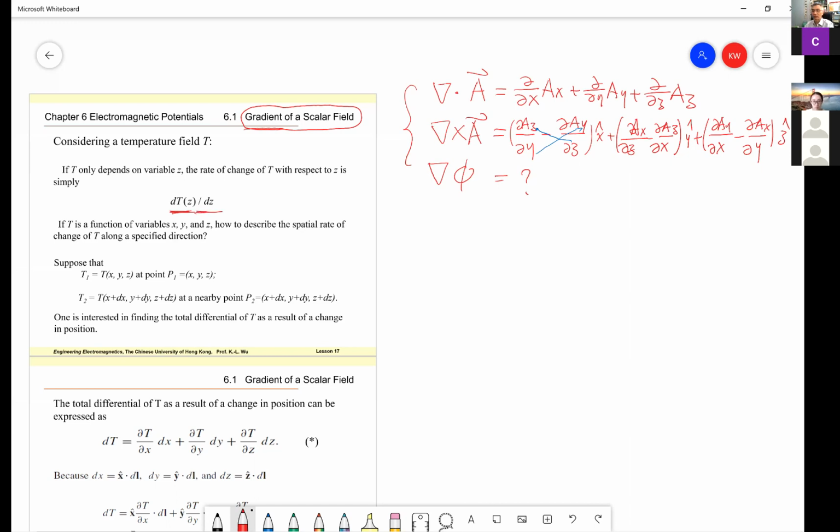So this is just a derivative. However, the field we are interested in is three-dimensional. We have three variables x, y, and z.